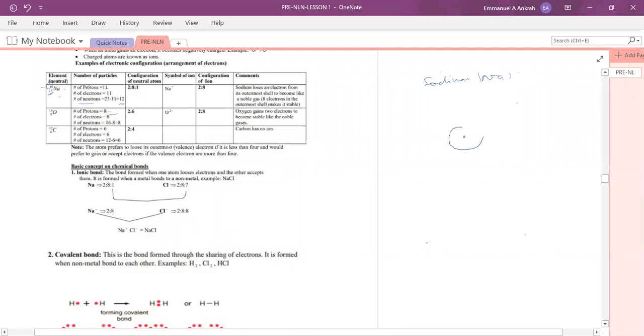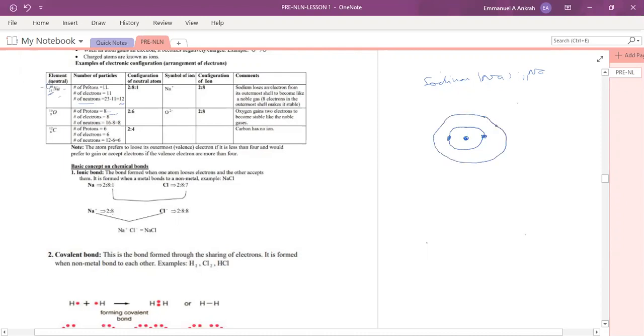If you take the nucleus, inside the nucleus, the first orbit usually can take 2 electrons. I hope you all remember that part in your chemistry. Maximum of 2, right? So since sodium's atomic number is 11, you're going to arrange the electrons. You have 2 in the inner shell. Once you have 2 in the inner shell, it's maximum.